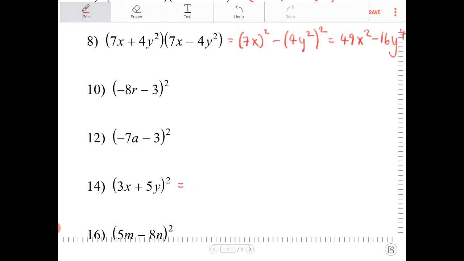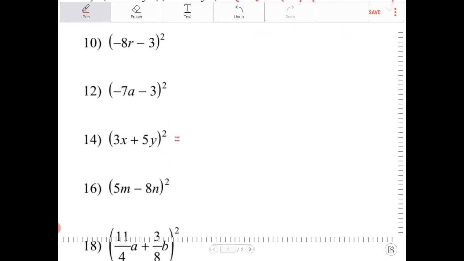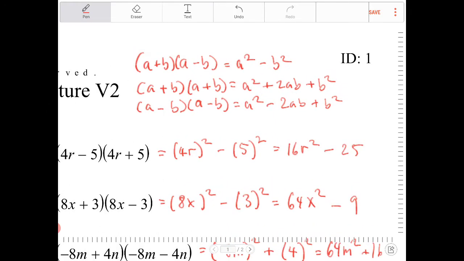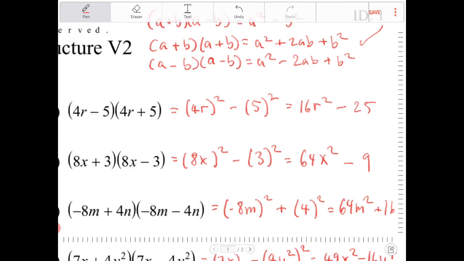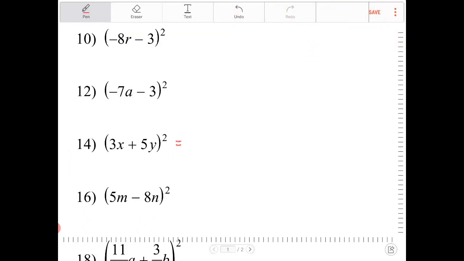So question 14 is actually going to take the form of, you guessed it, line number 2. It's a perfect square. I immediately see that a is 3x.